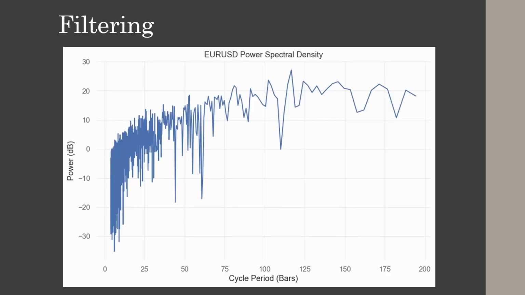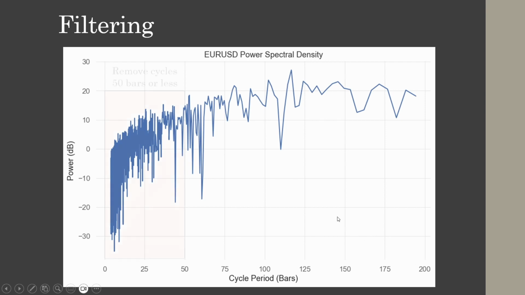And so let's look at our power spectral density again. But instead of frequency, now I'm plotting it as cycle period. So this is a number of bars. Now you'll notice that we have our high density, low power signal over here. And this is in the low bar period, and that makes sense, right? Lower bars means higher frequency. Higher bars means lower frequency.